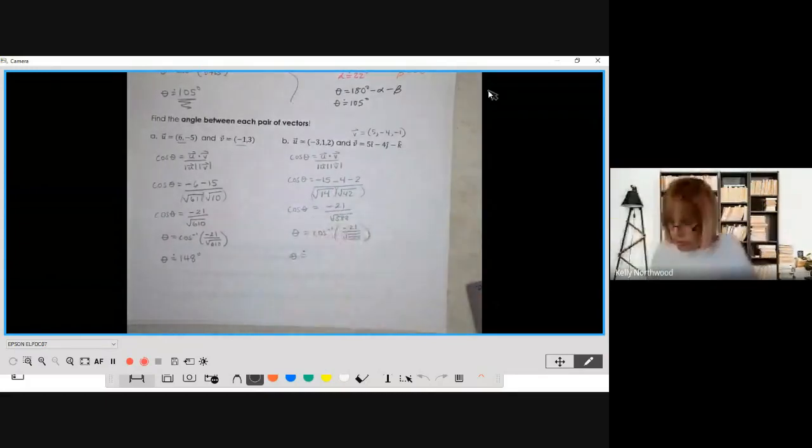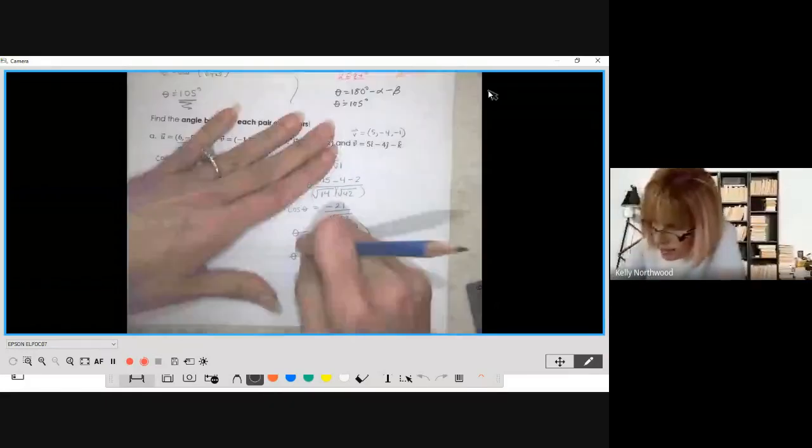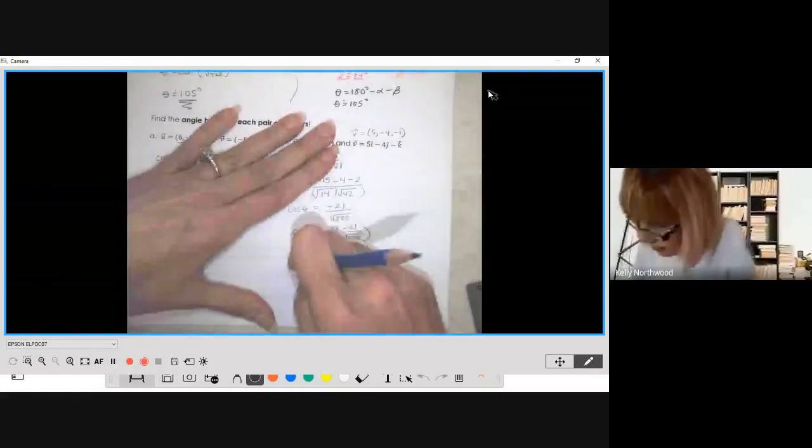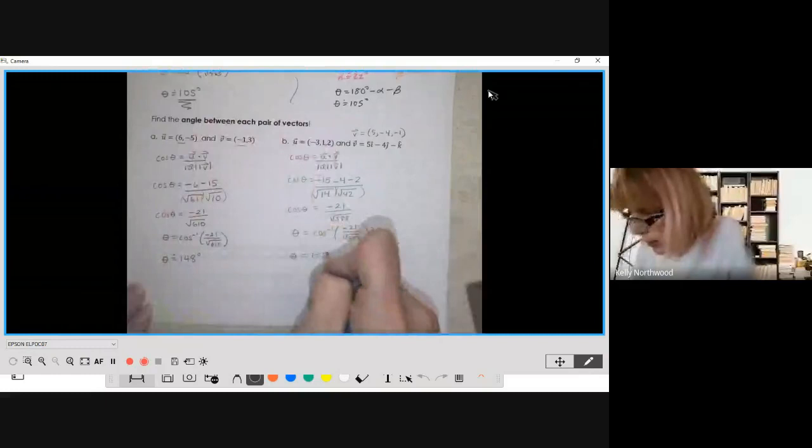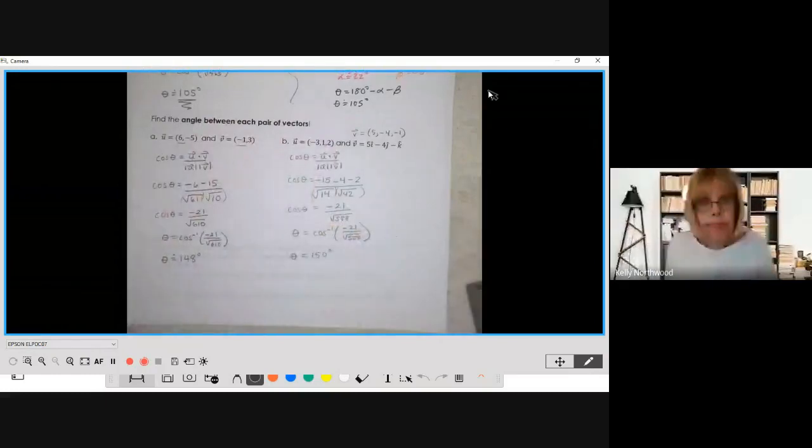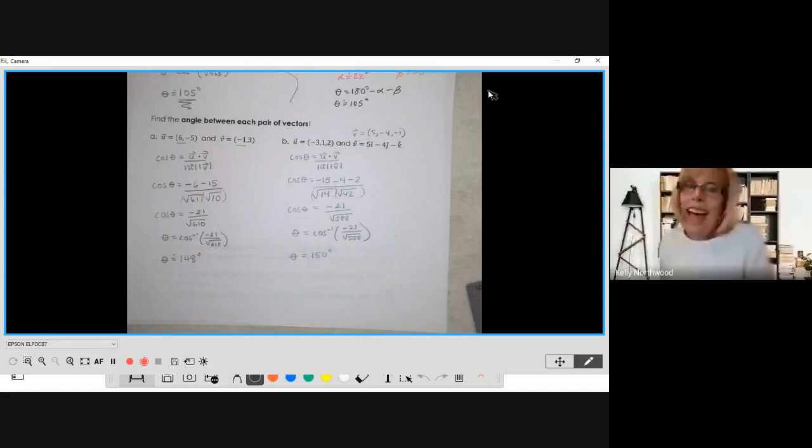So the cos inverse of -21 over the square root of 588 is exactly 150 degrees. Any questions for that one? Did you set that up so that it would be exactly 150 degrees? I might have.